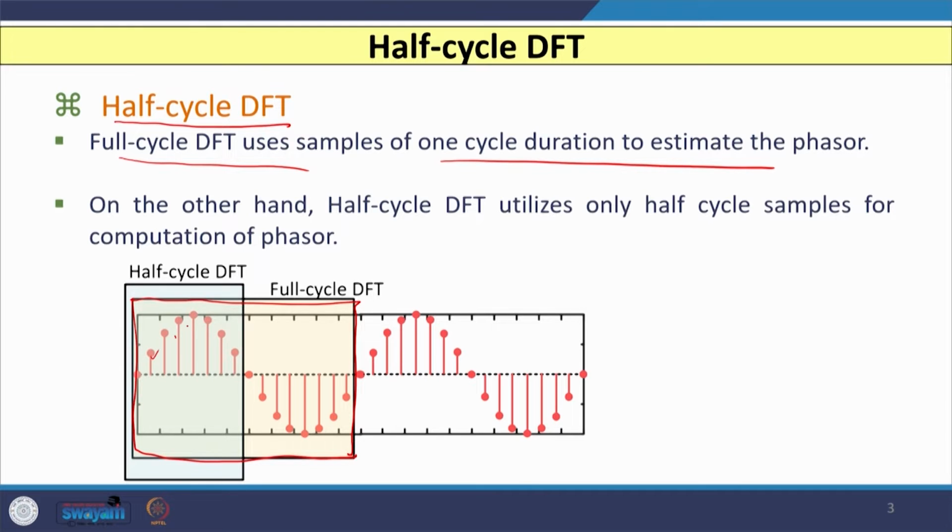All the samples available in this full cycle are utilized by the full cycle DFT to estimate the phasor value. On the other hand, in case of half cycle DFT, it utilizes this window.